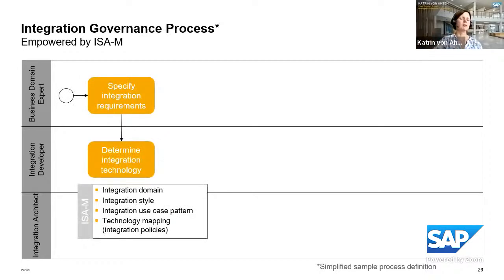It starts with a business domain expert who requires an integration scenario, and for this purpose specifies the integration requirements from a business perspective. This is then handed over to the integration developer, and this person needs to determine here the right integration technology for the specified needs.